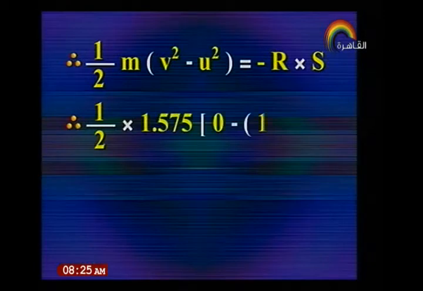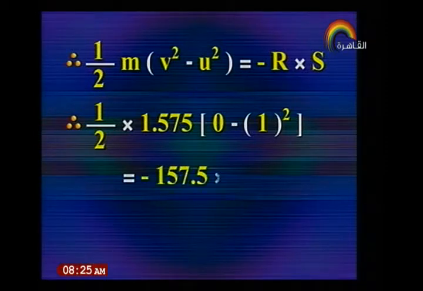By using half times 1.575 multiply (0 − 1)², because the final velocity equals 0, equals negative 1.575 times s. What is s? The distance the nail moves when the hammer hits it.